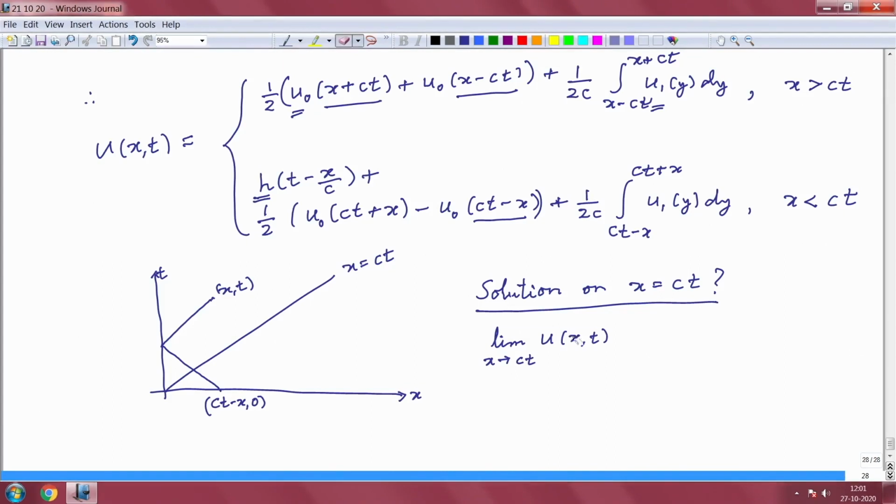You can take (y,s) approaching (ct,t), t is any positive number.